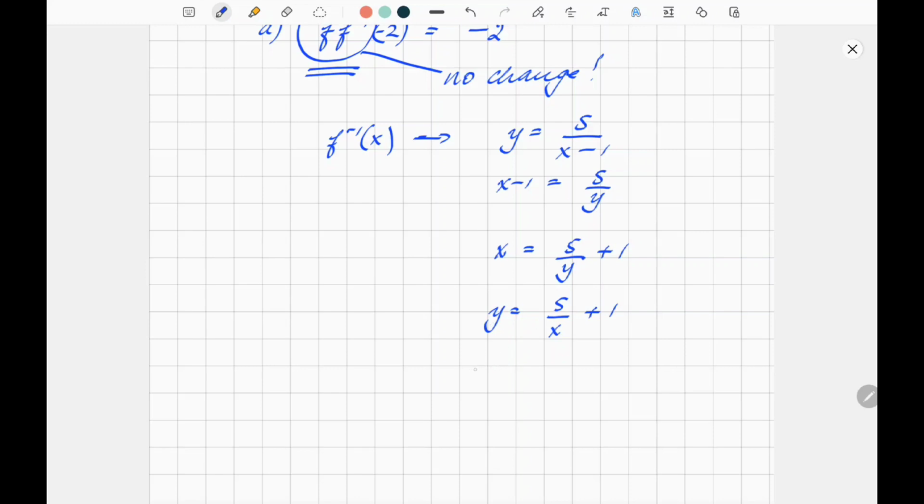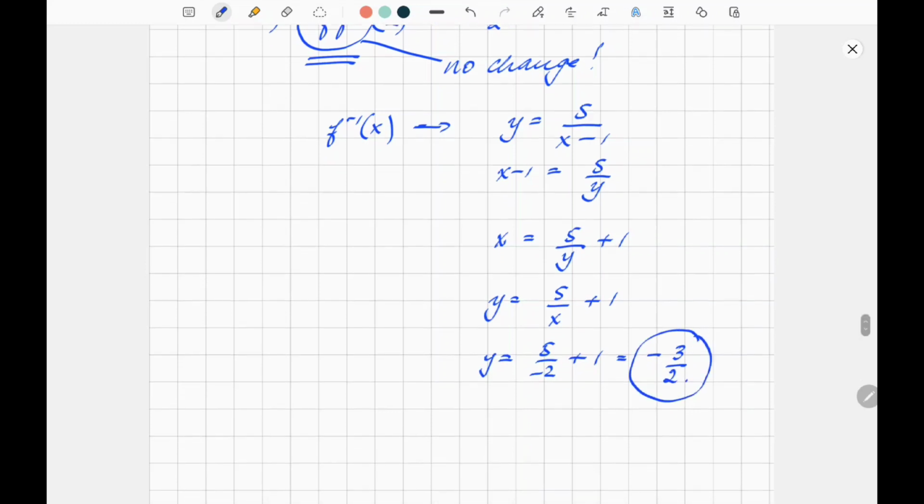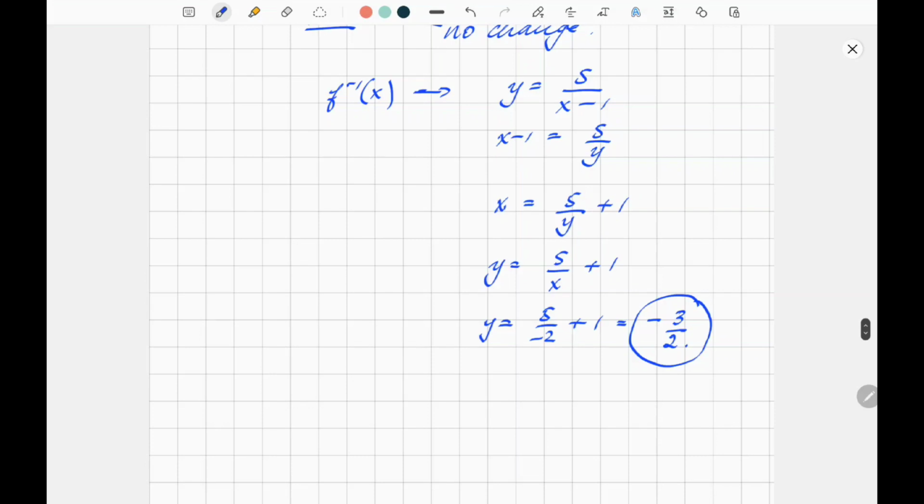So what have we got? If we now put in minus 2 into that, the function equals that. So minus 1.5, isn't it? Then we put that into f of x.